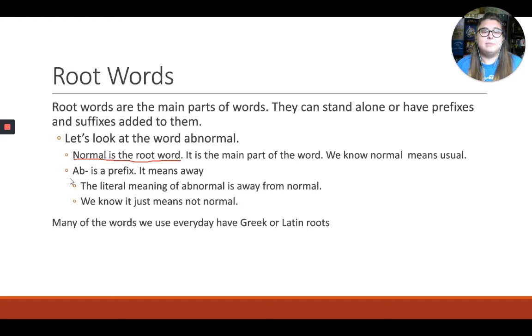When I add ab to the front of it, though, ab means away. So it completely changes that word. Now what we see is that abnormal literally means away from normal. We just know it to mean not normal. But what I want you to see is that when we add parts to different pieces of the word, when we add them together, they create brand new word meanings. So a lot of the words that we use every day are Greek or Latin roots, and that's just kind of a cool tidbit to know.